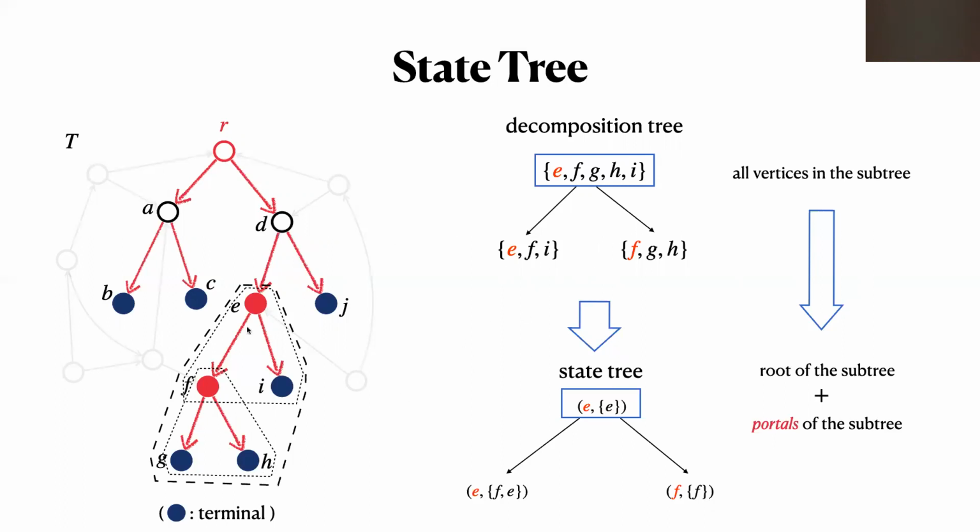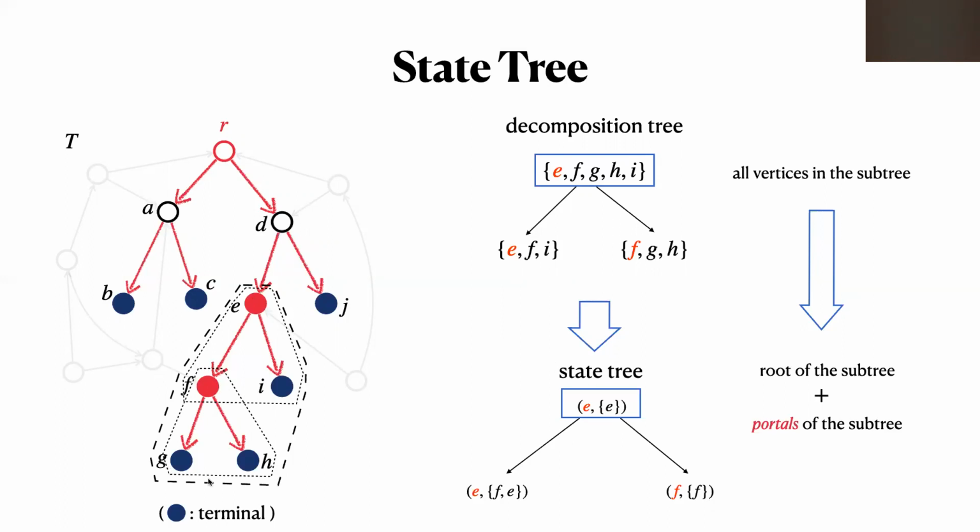And we break it into 2. But in the state tree, we only remember the root of the subtree and the portals. Here, the portals are vertices we choose to break the subtrees, or you can think of it as vertices we use to glue subtrees together.